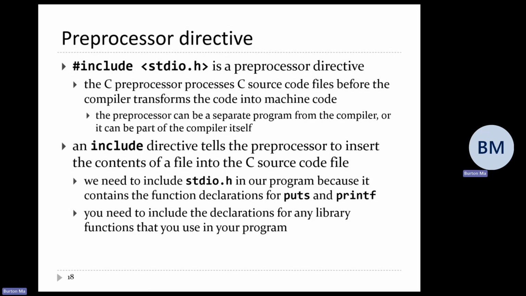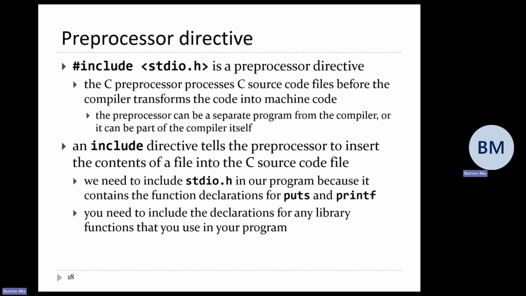Often the first step is the compiler runs something called a preprocessor. The preprocessor is a program that takes your C source code file and transforms it into another C source code file. So what it does is it does things like removing the comments from your source code.